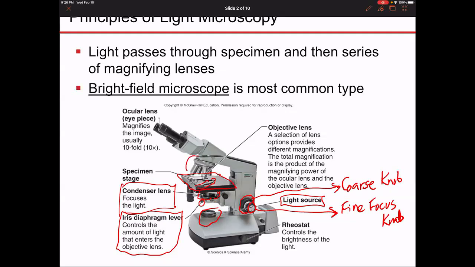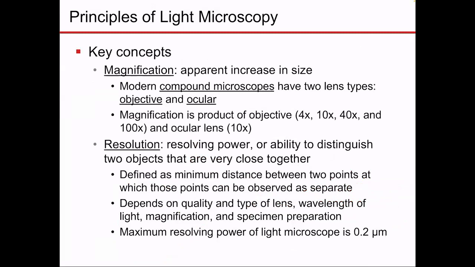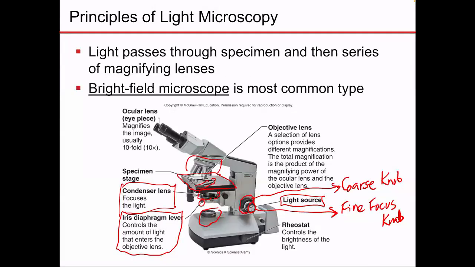Right here we have what we call the nose piece, and the nose piece houses the objective lenses. The standard objectives that you find in this compound microscope include maybe a 4x. This is what we call the scanning objective that is used at the very beginning to focus that sample.